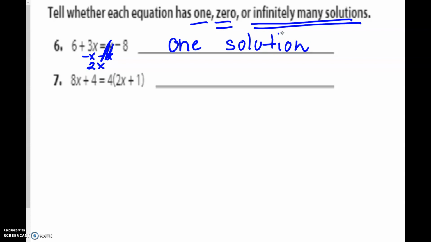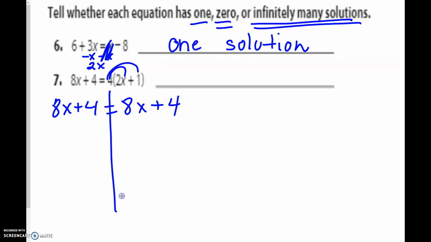All right, let's look at 7 here. It looks like I'm going to have to do my distributive property. So I have 8x plus 4, and I have 4 times 2x, which is 8x, and 4 times 1 is 4. Now, when you look on both sides of this equal sign here, I have an 8x here and an 8x here. They're exactly the same thing.